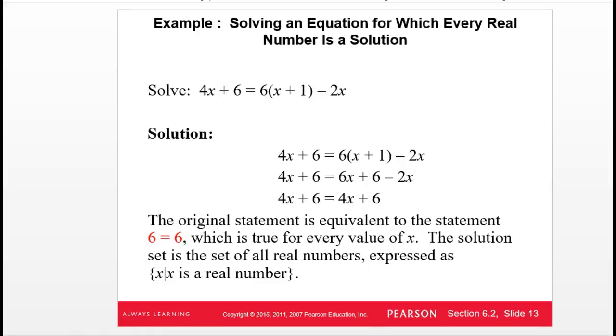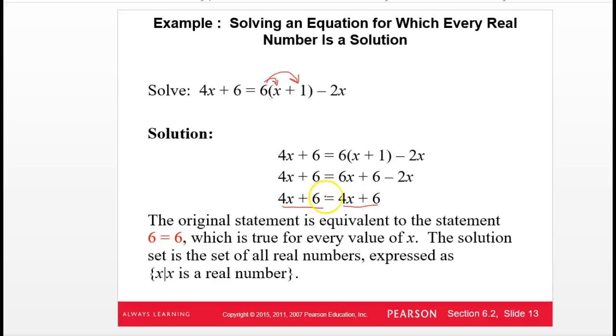And likewise, when I solve this equation, I distribute the 6x through, I get 6x plus 6, and then when I combine my like terms, 6x minus 2x is 4x. Notice on the left-hand side, the whole time we've had 4x plus 6, and now on the right-hand side, we also have 4x plus 6.